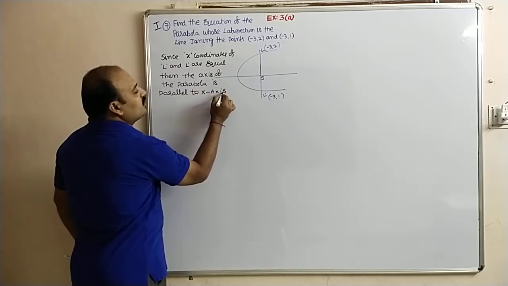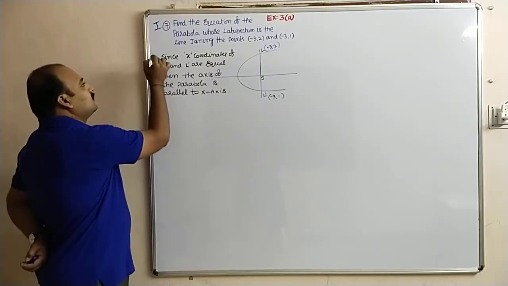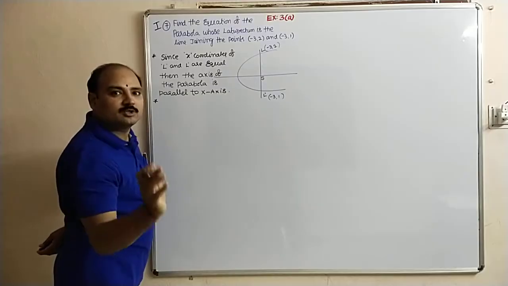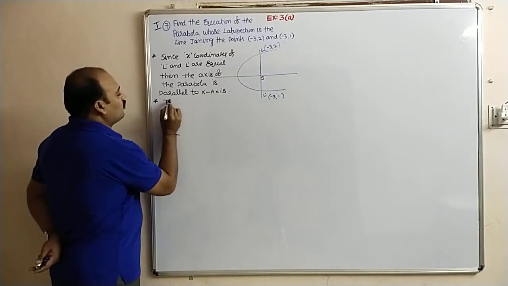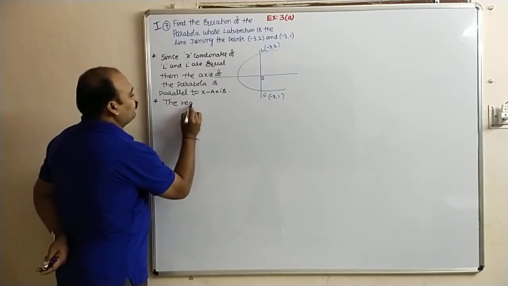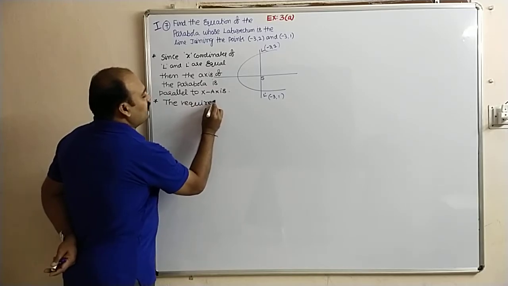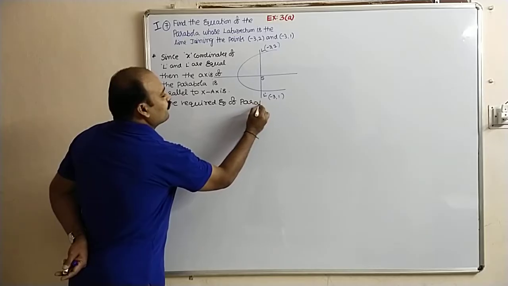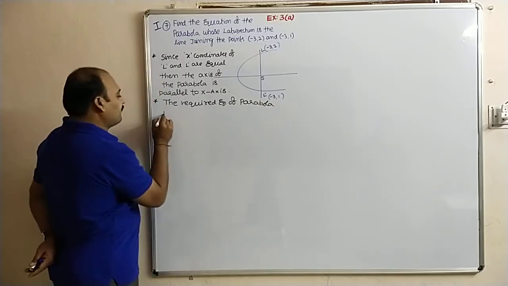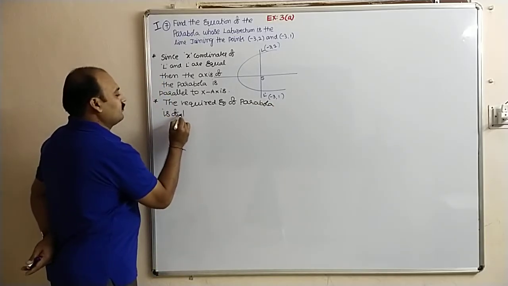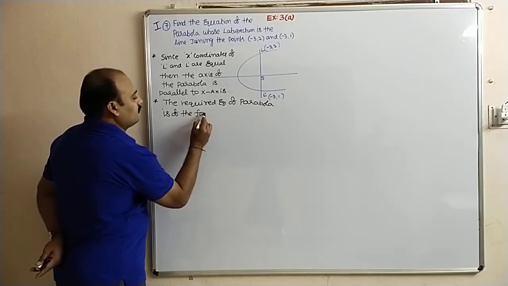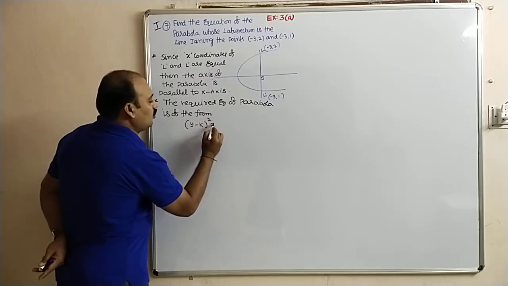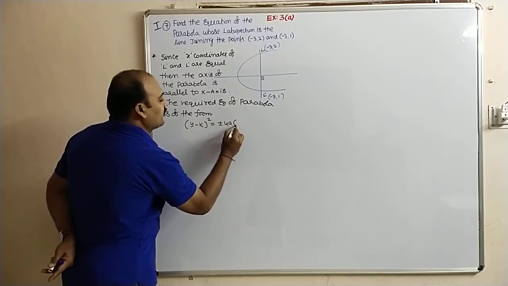So the required equation of parabola, this is the very important thing you have to remember, it will help in competitive exams also, is of the form y minus k whole square equal to plus or minus 4a into x minus h.